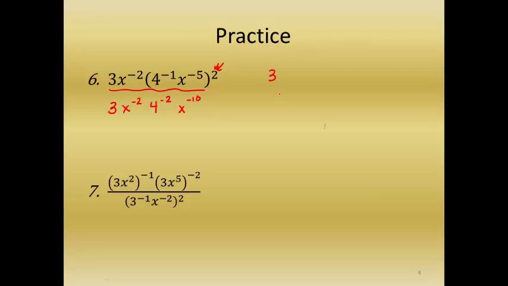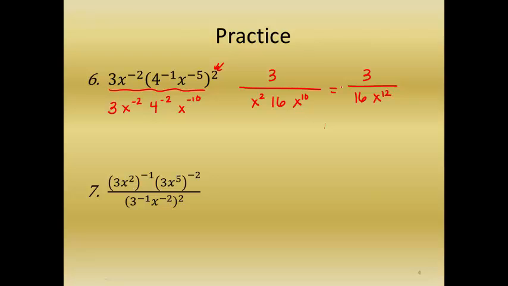So I have 3 that does not have a negative exponent over x squared, and I'm going to make that 16 and x to the 10th, and then I'm going to add my x to the 10th and x squared exponents together to give me 3 over 16, and then in the denominator x to the 12th. So this would be better pronounced as 3 over 16x to the 12th.